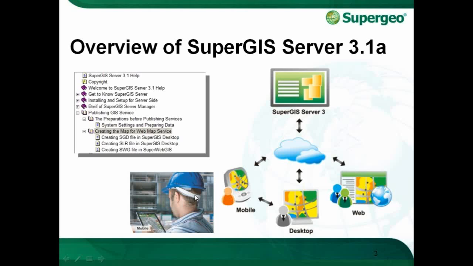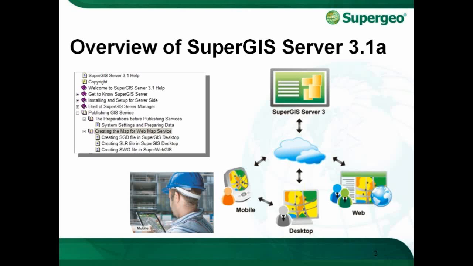Take an Android device, for example. For the mobile part, users can use our mobile solution, SuperSurvey, to connect to the map service in the field to do the surveying, and then send the results back to the cloud system, synchronized with the data itself. It's simple, accurate, and effective.